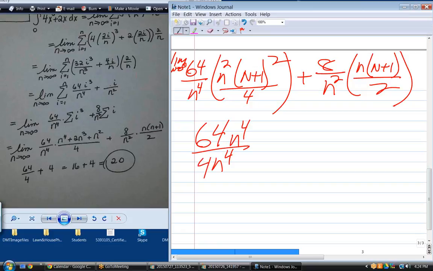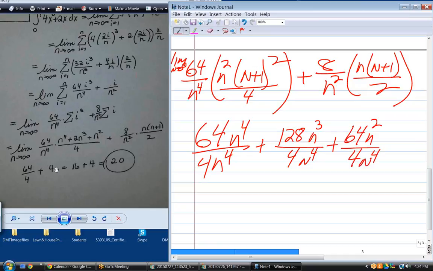Plus, the second term is 128 n cubed over 4n to the fourth. And the third term is 64 n squared over 4n to the fourth. So this is what I get when I distribute this to this.